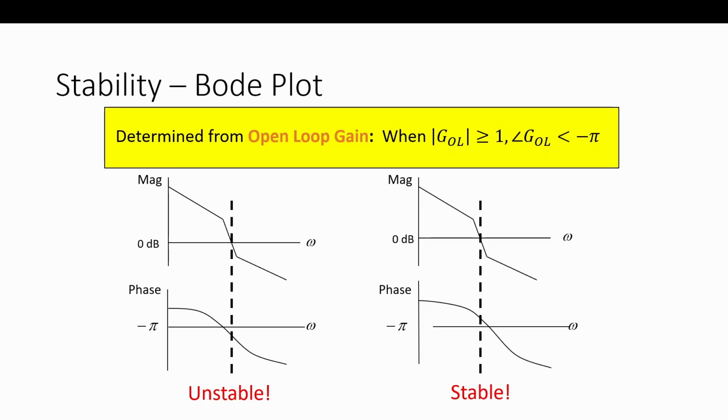So this is showing you what I want you to see here. What do you need to know about the Bode plot? The Bode idea is the magnitude and phase versus frequency. If the phase shifted more than 180 degrees while the gain is still positive, now you've got positive reinforcing feedback.